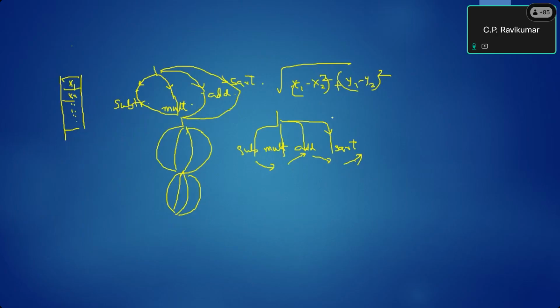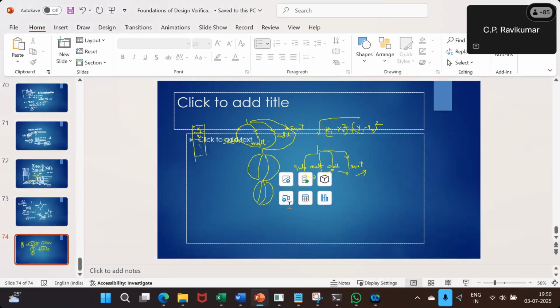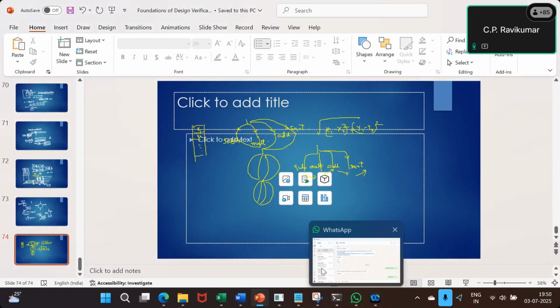One of them may be better than the other. So that is for you to decide which one is better. Okay. Any doubts so far about what is fork and what is join, etc.?